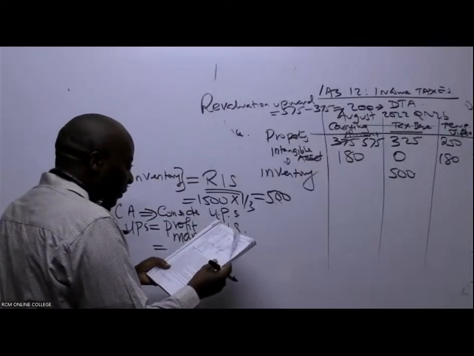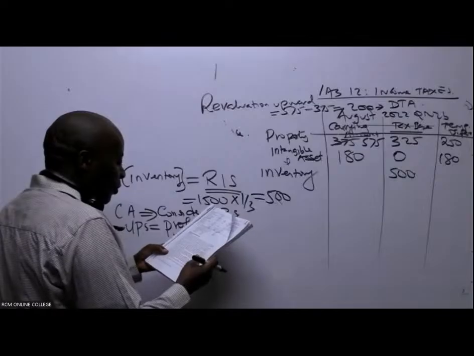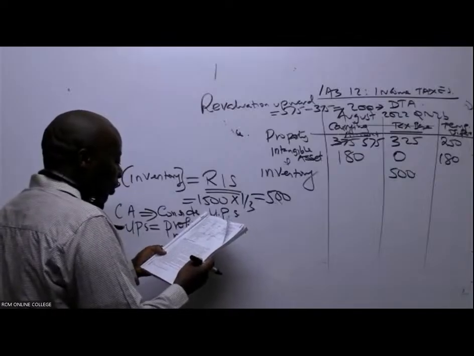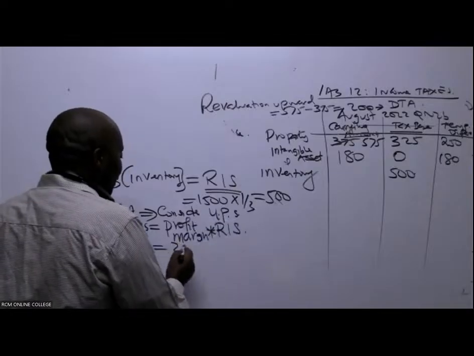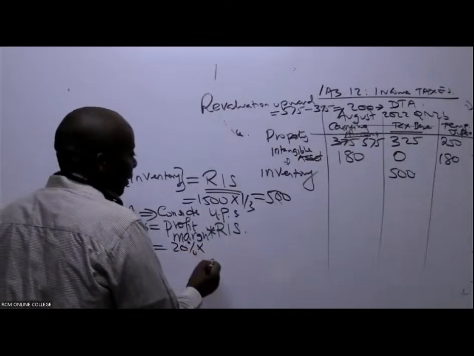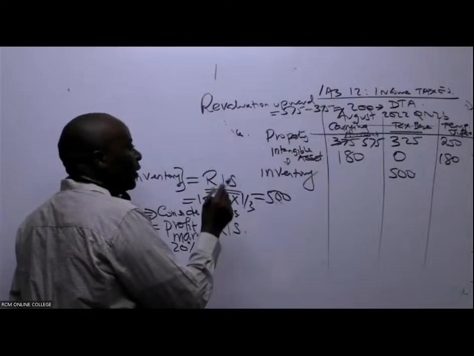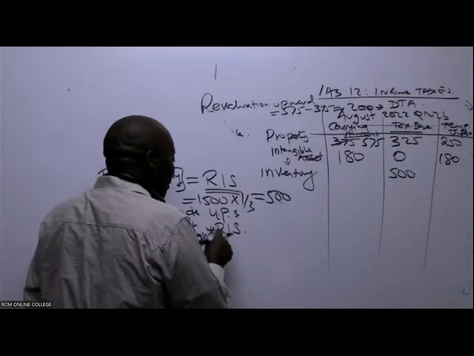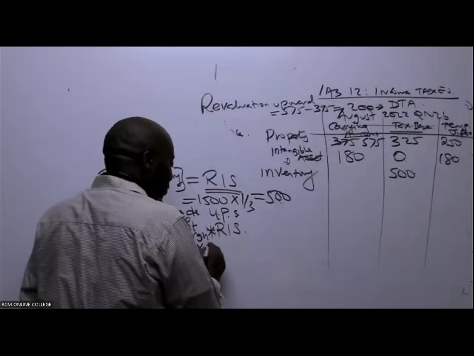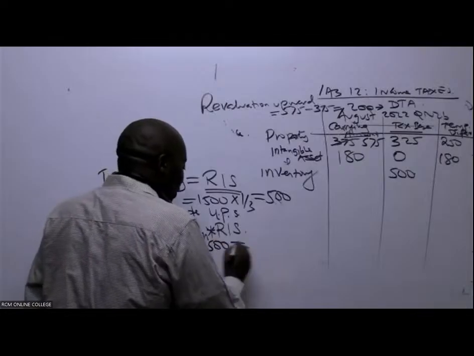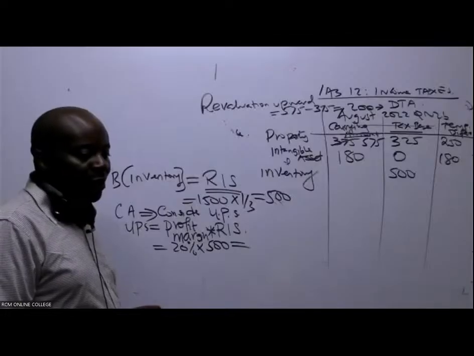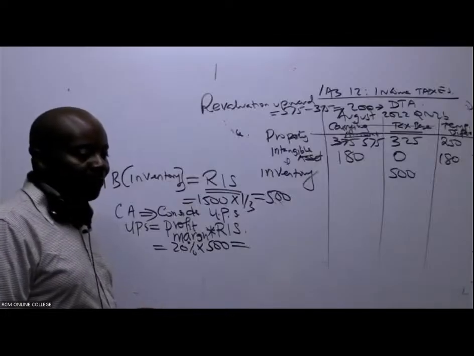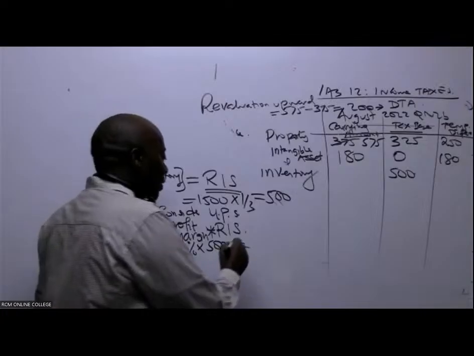If you look at note 3, he gave us a profit margin of 20%. And fortunately, we have the remaining intra-sales, which is 500. So what is 20% times 500? It is 100.